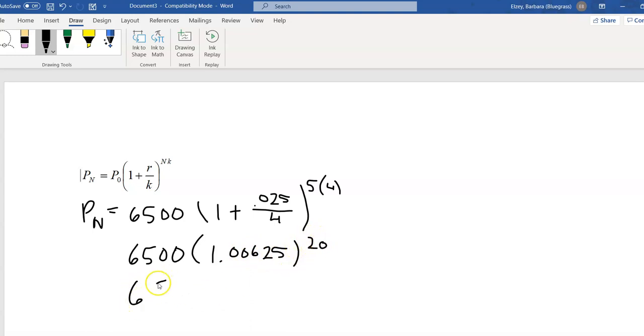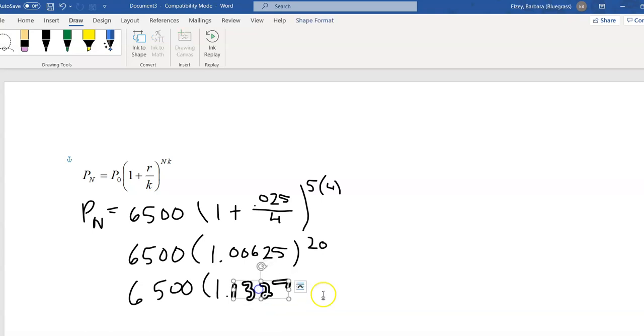And now let's take 1.00625 and raise it to the 20th power. And that gives us 1.132707738.